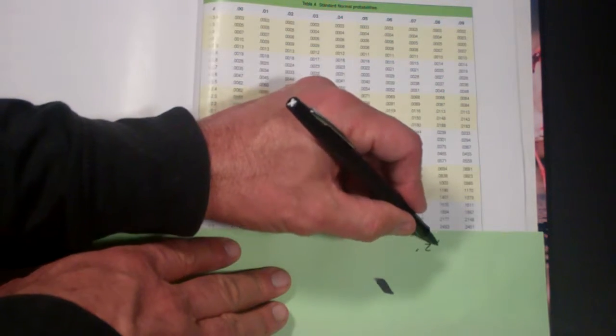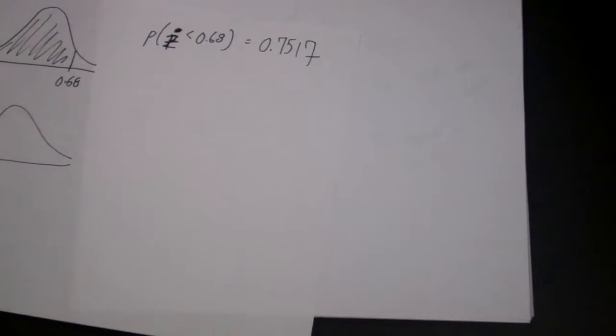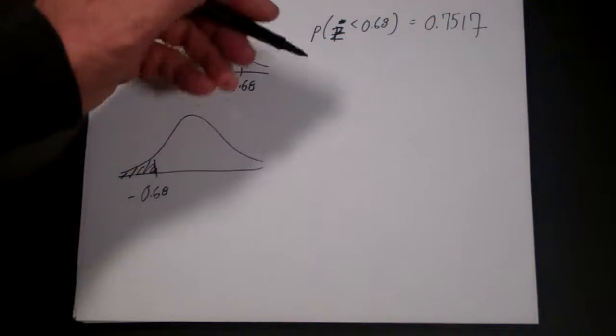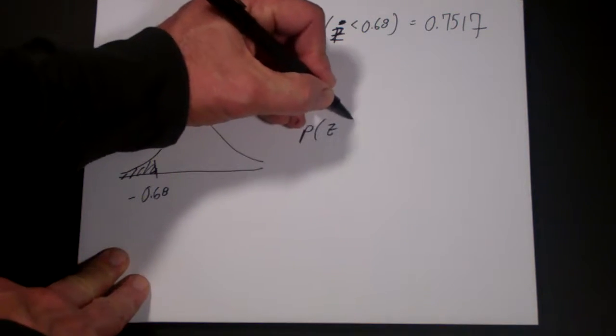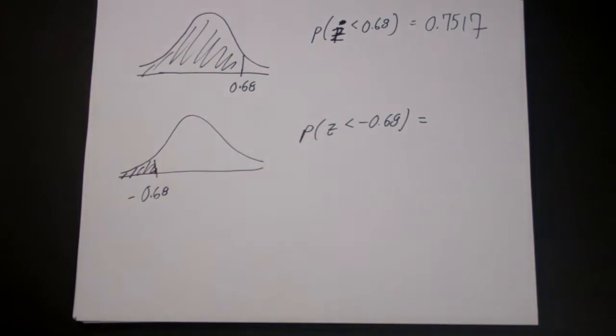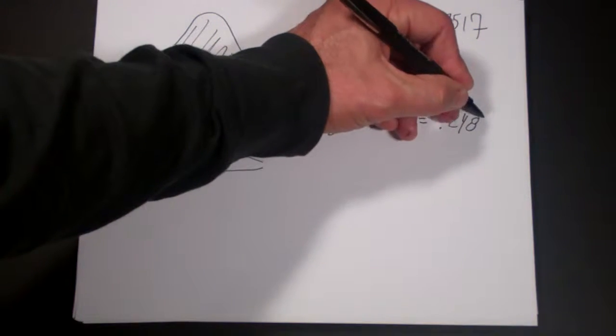That's 0.2483. The probability that z is less than minus 0.68 is equal to 0.2483.